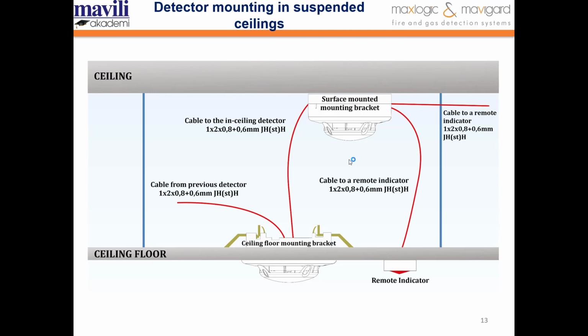In cases where the cables in the suspended ceiling are fire resistant, if the flammability of the cables at any point exceeds 25 megajoule, a detector is used in the suspended ceiling. In cases where the cables are not fire resistant, if the flammability amount exceeds 15 megajoule, a detector is used in the suspended ceiling.